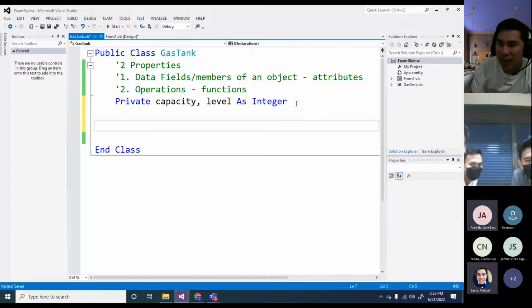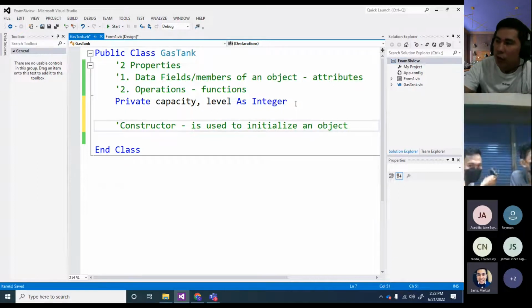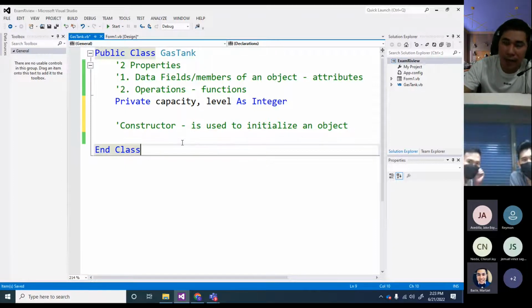Okay, so by the way, another thing if you're going to talk about class is what we call constructor. Constructor is used to initialize an object. So ginagamit na to ang constructor for creating objects. In Java, in C++, and in C Sharp, constructor is the same name with our class.